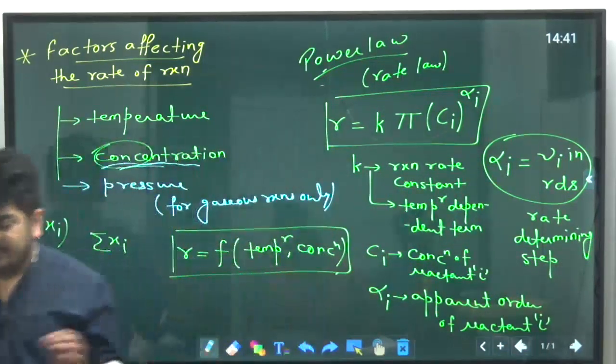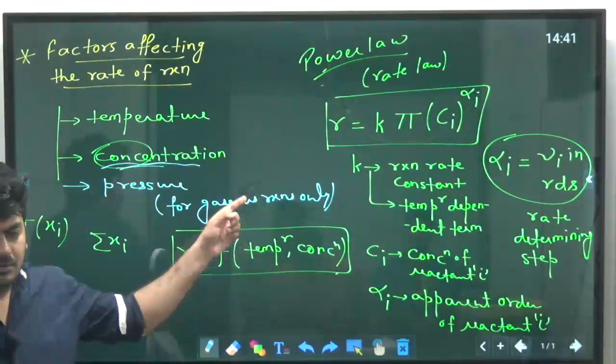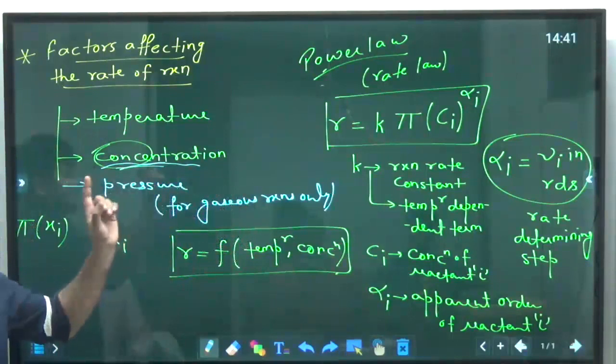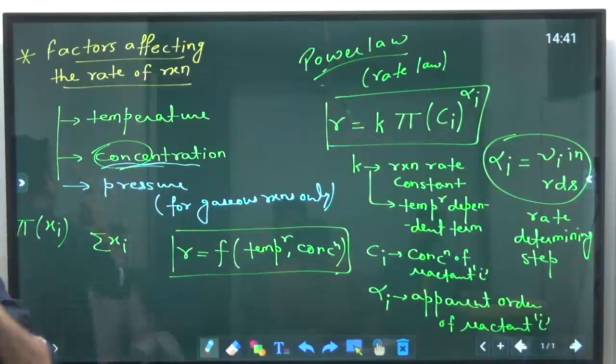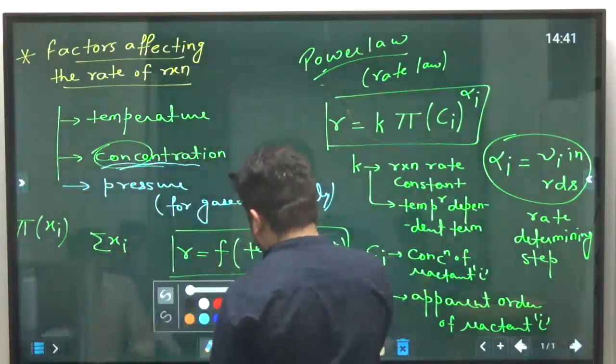Okay, and one more thing which you should know, that rate law can be written only for the RDS. For any chemical reaction, if you know the RDS, the rate determining step, then only you can write down the rate equation, rate law. Okay, this is also known as rate equation.